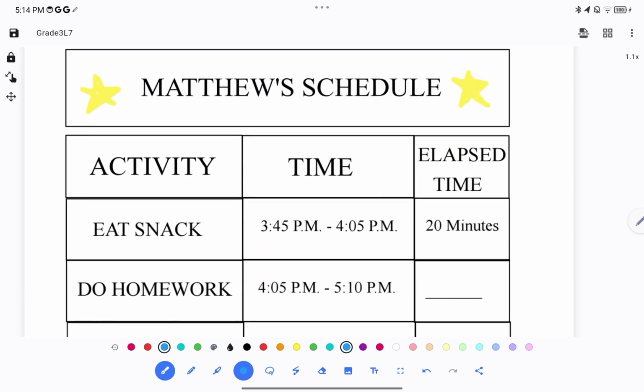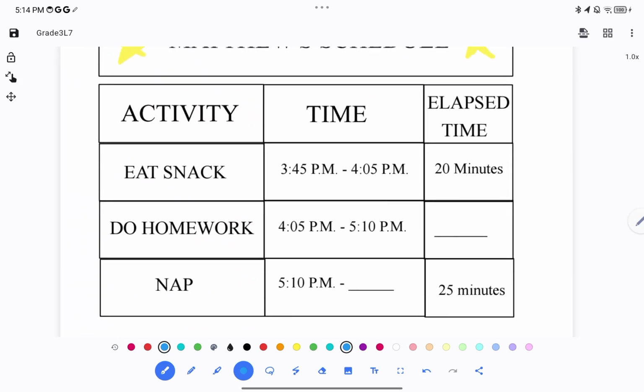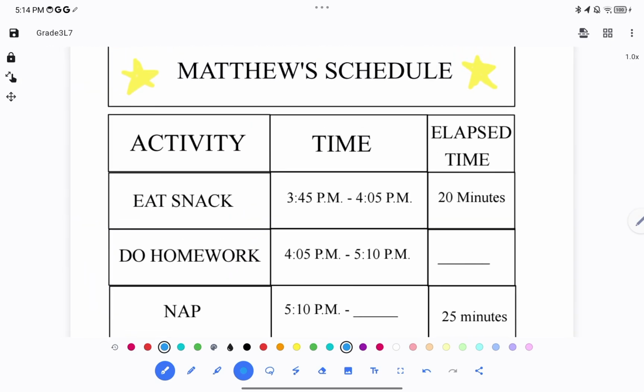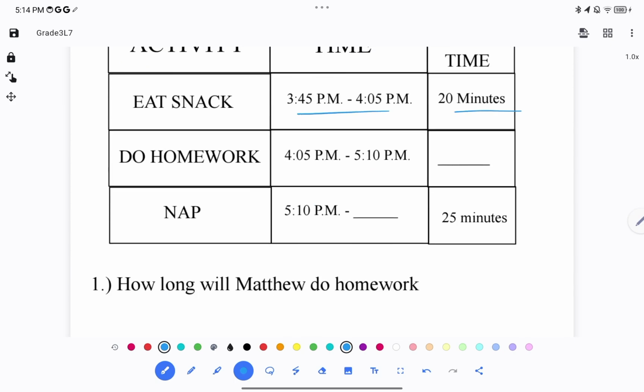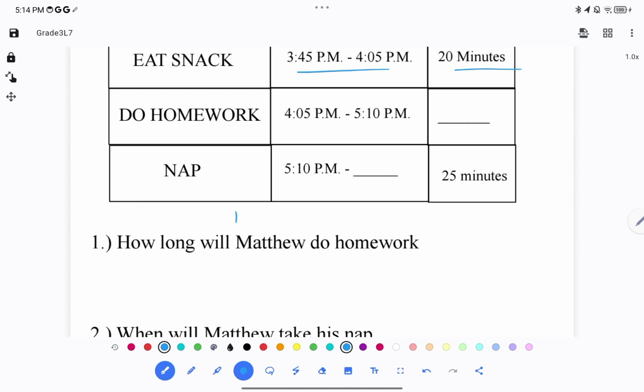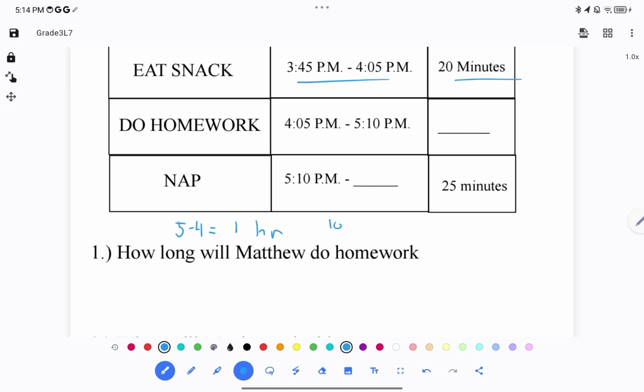Okay, Matthew's schedule. It looks like we want to subtract these. We want to find the time it takes to do each of these things. Between 4:05 p.m. and 5:10 p.m., that's 1 hour, because 5 minus 4 is 1 hour, and then 10 minus 5 is 5 minutes.